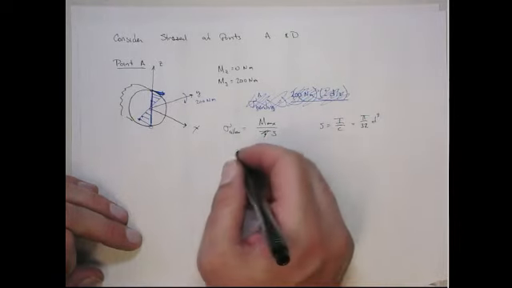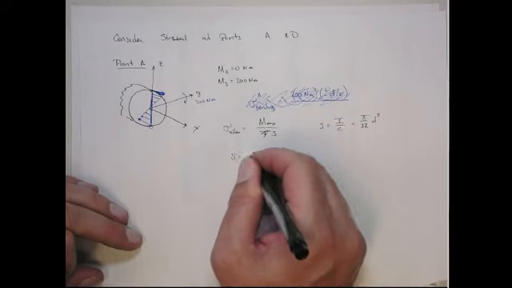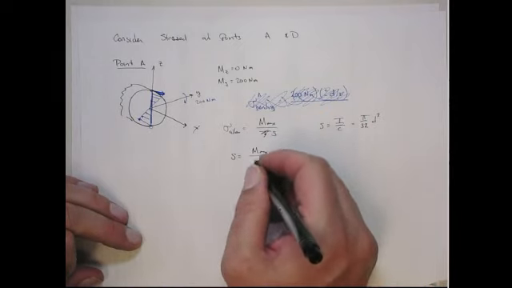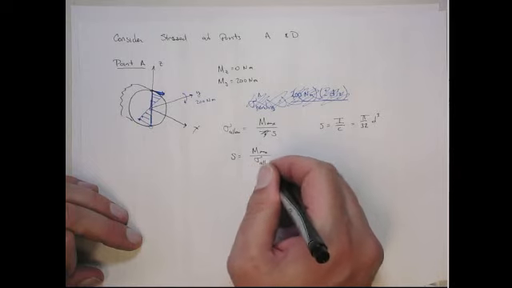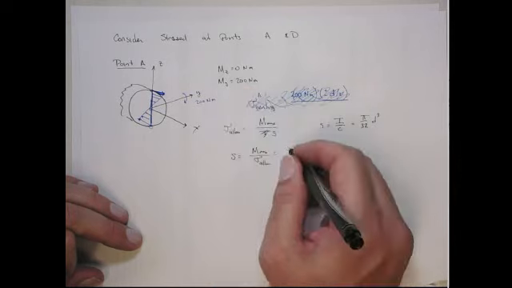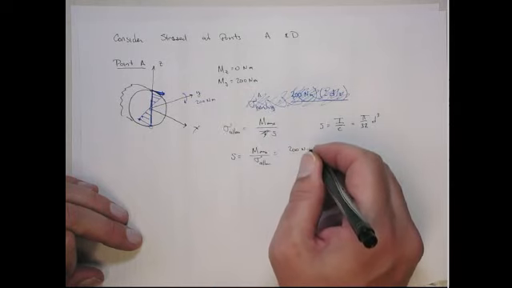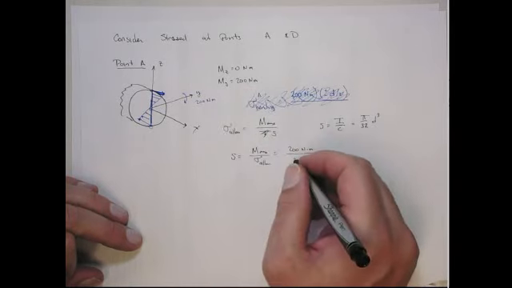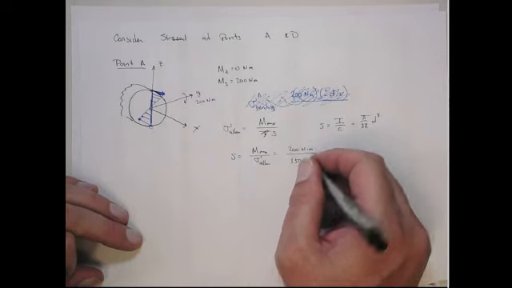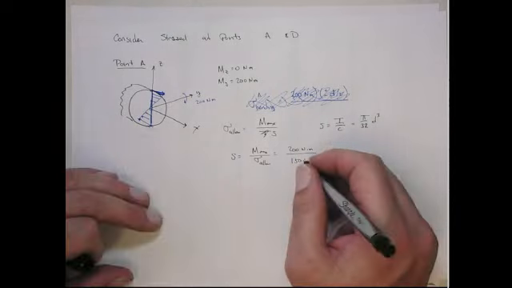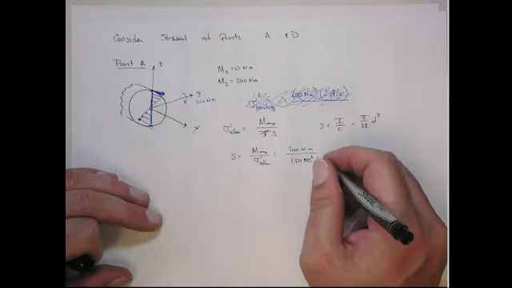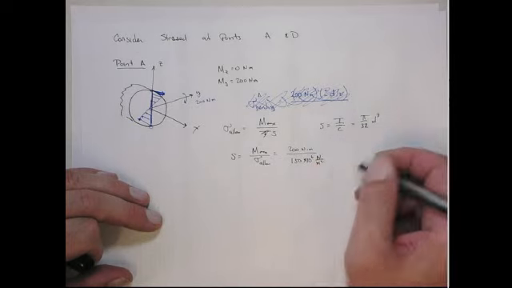So we can get that S is equal to the maximum bending moment at point A over the allowable. That's just going to be 200 Newton meters over the allowable, which is 150 megapascals, 150 times 10 to the 6th newtons per meter squared.